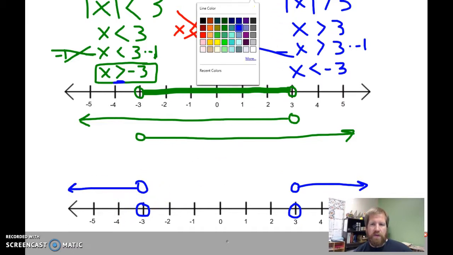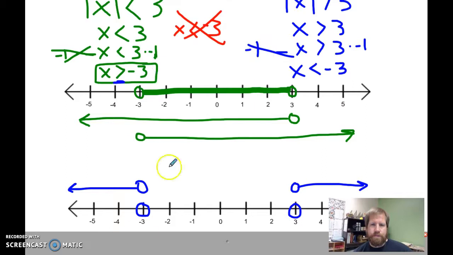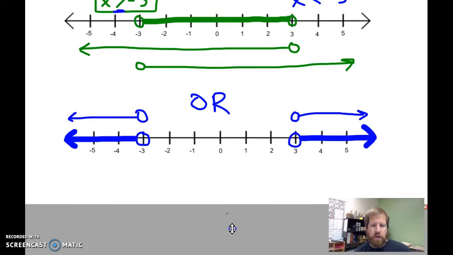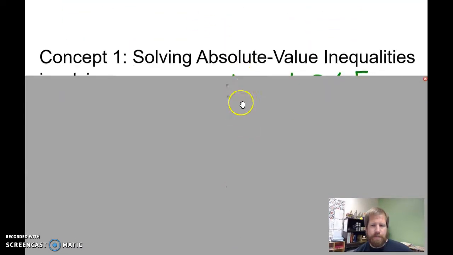So these point away from each other, so I can go ahead and draw my solutions in, and we can see that they never overlap. This is an OR compound inequality.